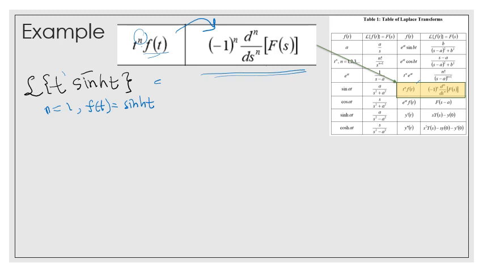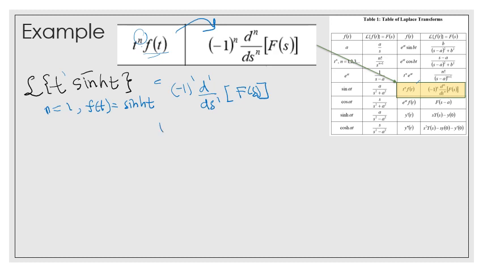Okay, I substitute negative 1 power n, so n is equal to 1. d power n equal to 1 over ds power 1 F(s). Okay, so F(s) here means that we need to find the Laplace transform of f(t).